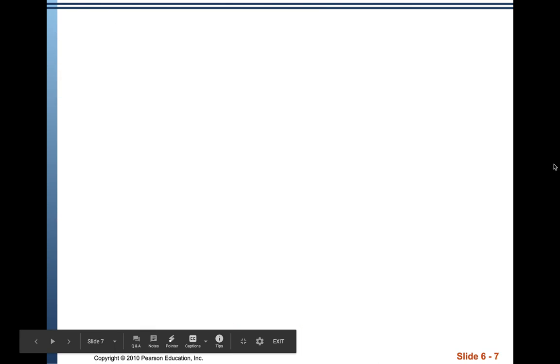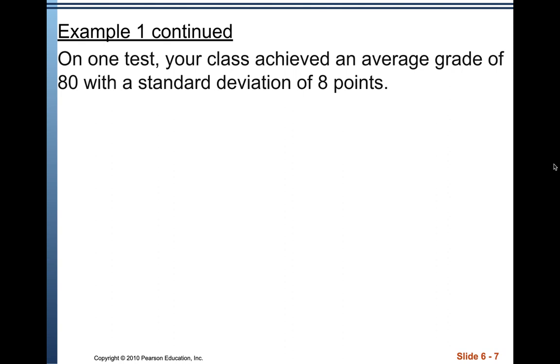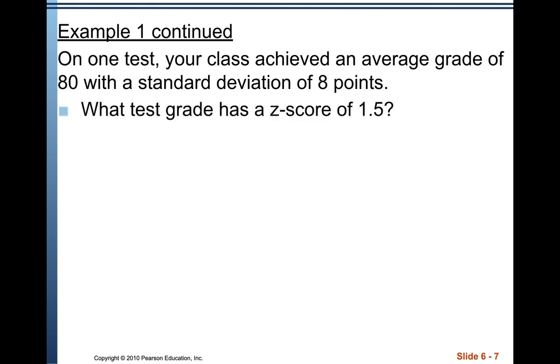Okay. Let's continue on with this concept here. Again, same test. Your class achieved an average grade of 80 with a standard deviation of 8 points. Now we're going to do something different. What test grade has a z-score of 1.5?